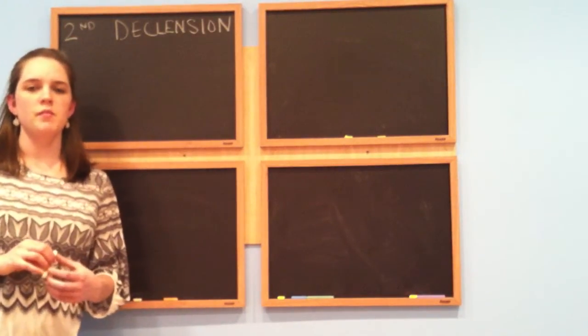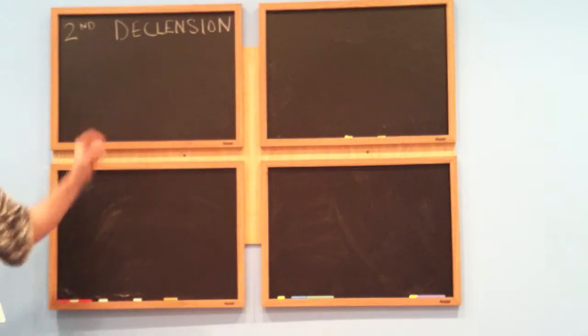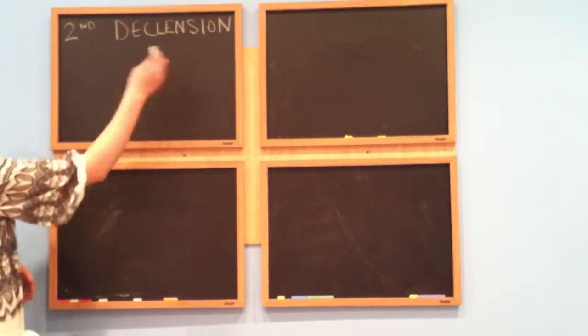So if you remember from the first declension video, our definition of a declension is a group of nouns that all have the same ending.